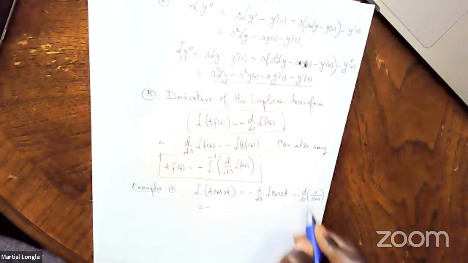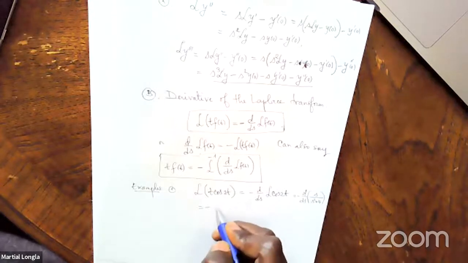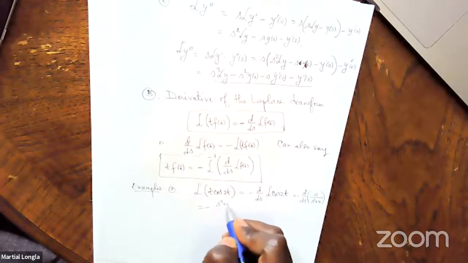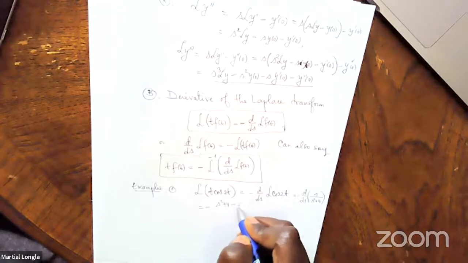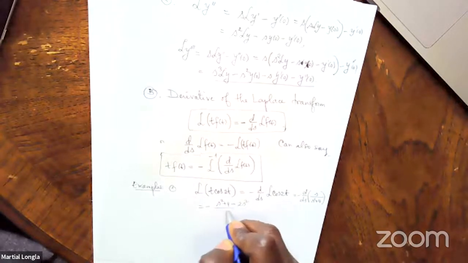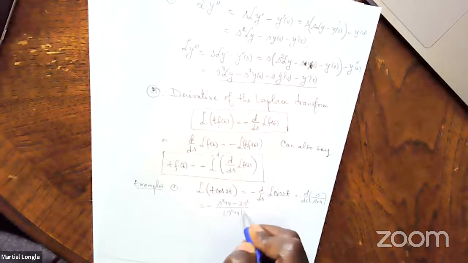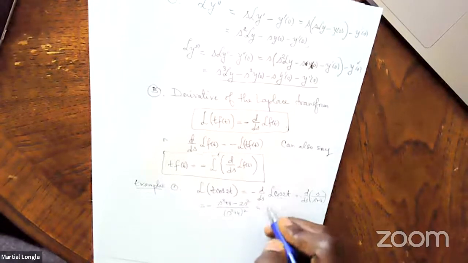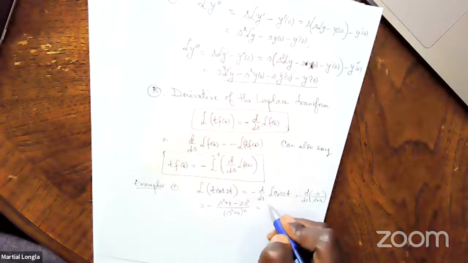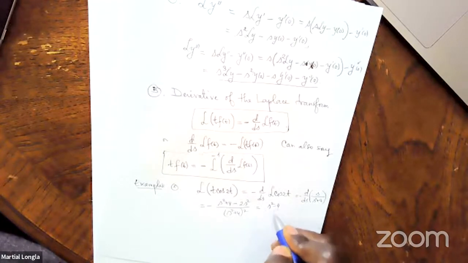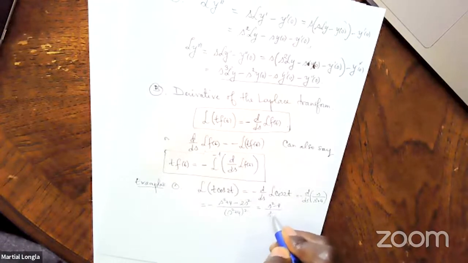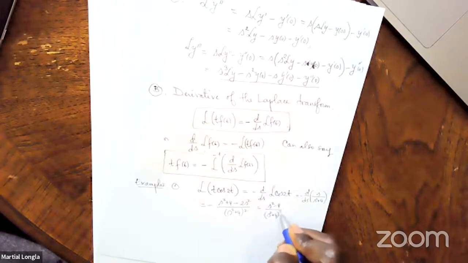And you need to take that derivative, and this is equal to negative. That's a ratio, so quotient rule. So that's going to be s squared plus 4 minus 2s squared over s squared plus 4 squared. And this is equal to s squared minus 4 over s squared plus 4 squared.